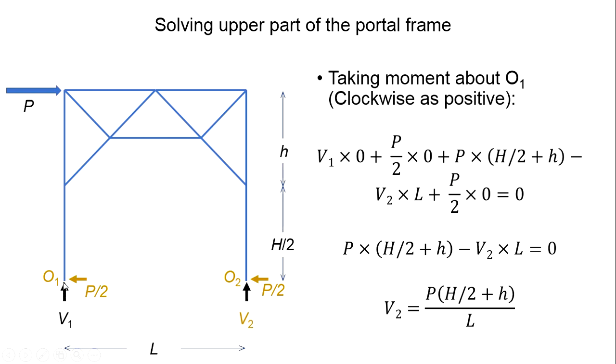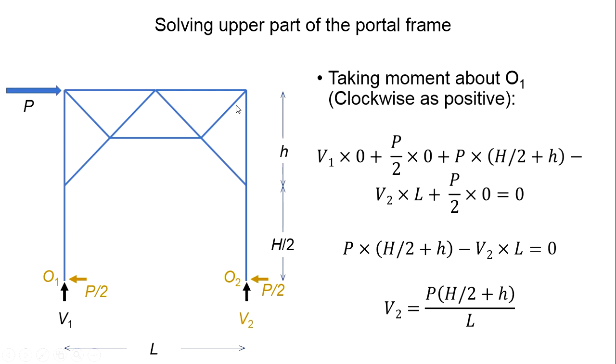As V1 is passing through O1, V1 will not produce any moment about O1, so V1 into 0, where 0 is the perpendicular distance of V1 from O1. Next, as P by 2 is also passing through O1, so P by 2 multiplied by 0. Next force is P, this horizontal force, at a distance of h by 2 plus h, so P into h by 2 plus h, which will produce clockwise moment.